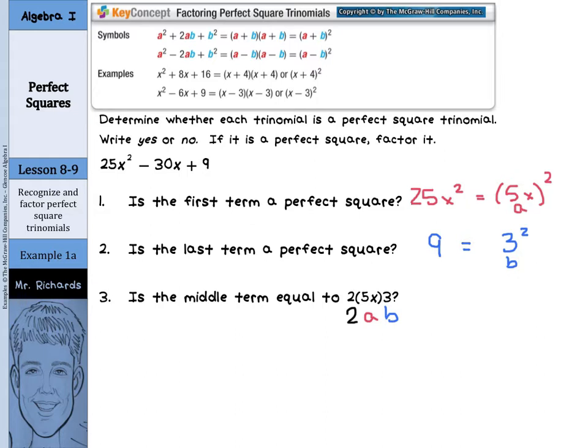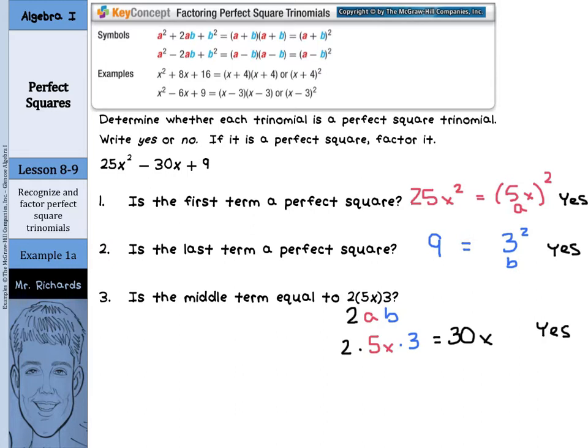That's where it's coming from. 2 times that 5x times that 3. Well, if you multiply those together, 2 times 5 is 10 times 3 is 30, and I have x. So yes, that part is true as well. So for all three questions so far, I have yes, yes, and lastly, yes.